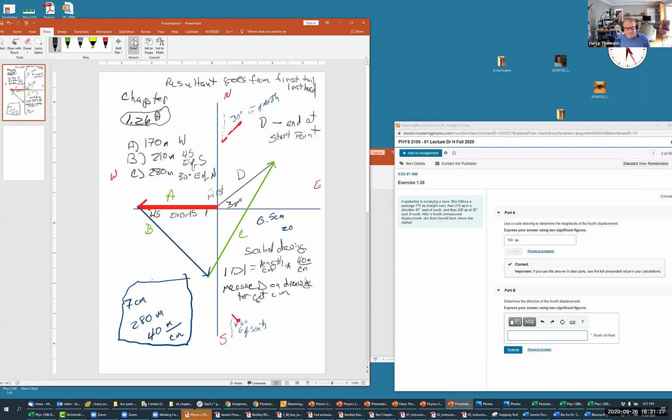So then what's the length there? So, oh, yeah. Let's see. This would be, yeah, we can reason this out, right? Because this has to be 45. This has to be 30.